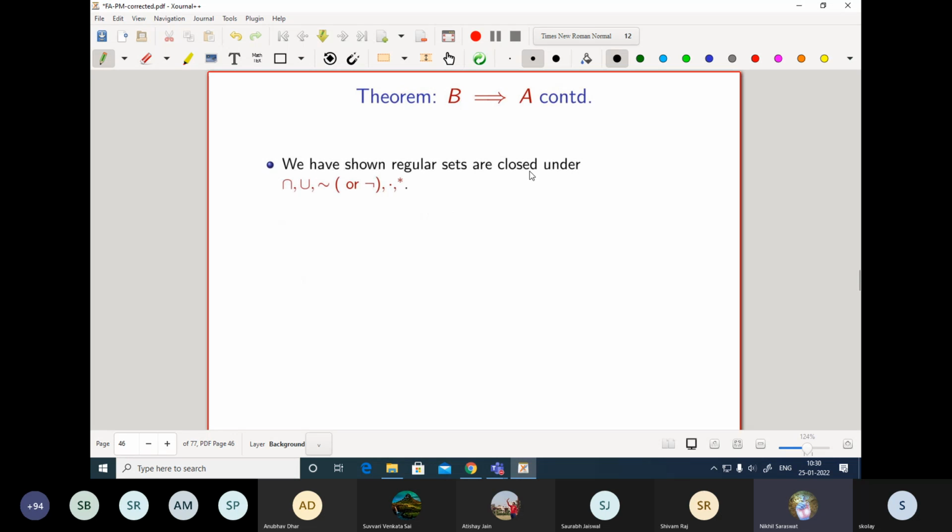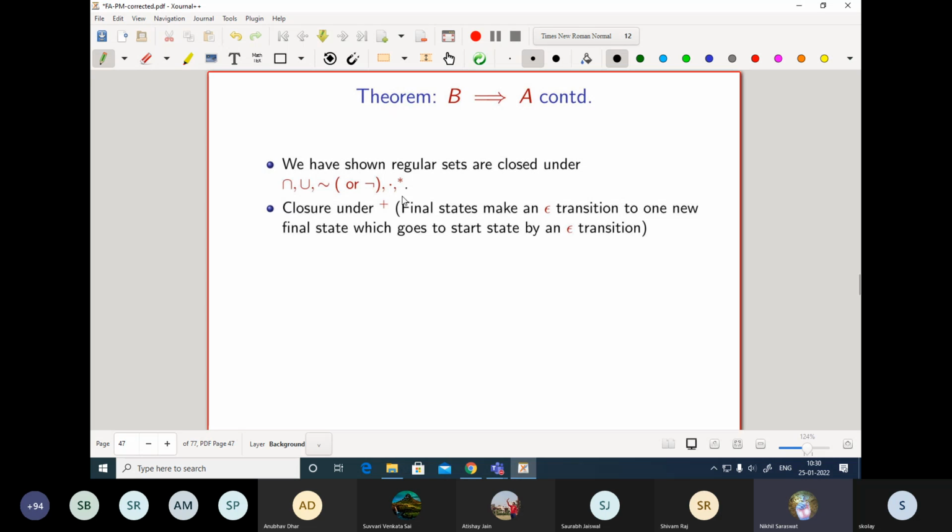Now, we have also shown that regular sets are closed under the following binary and unary operators over sets: intersection, union, not, concatenation, and the unary asterisk operator. And we also have closure under the unary plus. We've discussed this. You can figure this out.